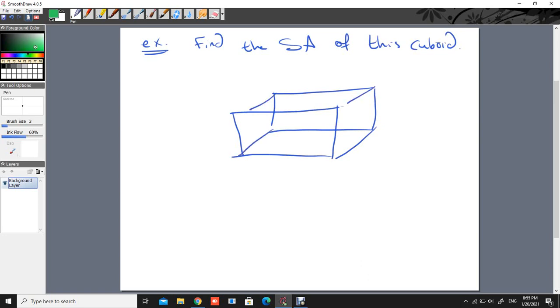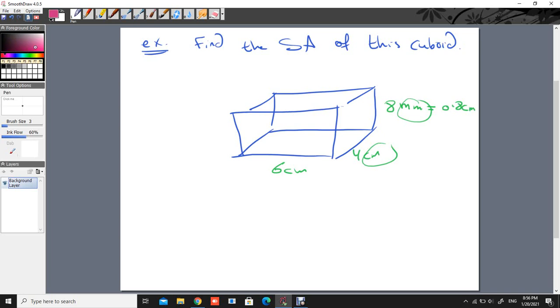Here the length is 6 centimeters, the width is 4 centimeters, and the height is 8 millimeters. In the previous class we changed units; here we can't work with different units, so 8 millimeters equals 0.8 centimeters.